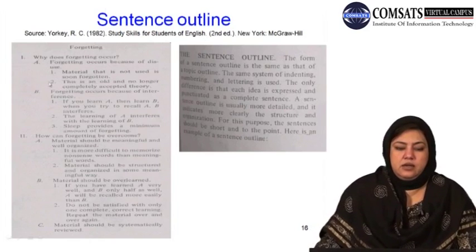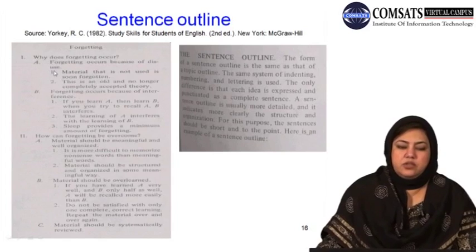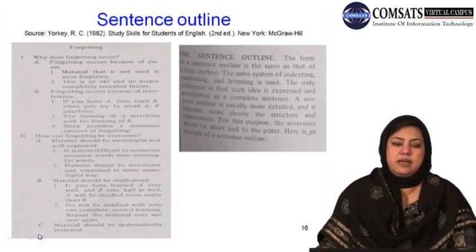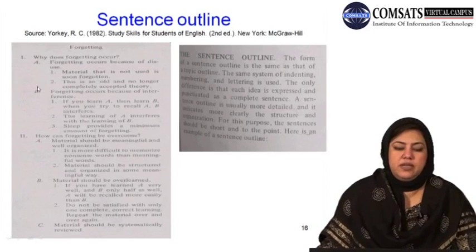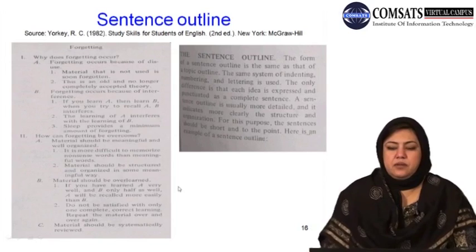And again, if there are further subheadings, they are further indented. So just by having a look at this, the visual representation of the outline would clearly give an idea that there are two main areas with further subcategories and then subcategories or subheadings.